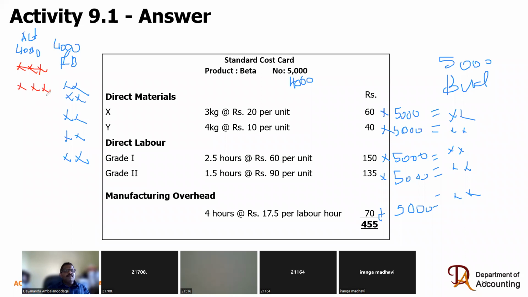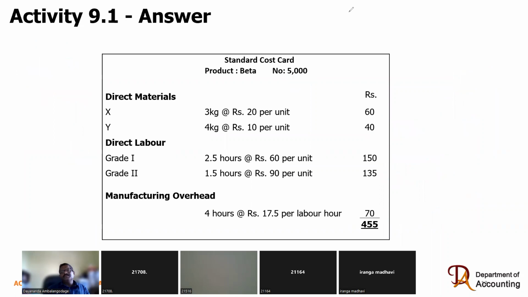So here maybe 1. Direct material 2 is very low. Likewise, now you can compare this actual with the budget. So you get the variance. That is the logic. So I hope that you got it, and you can understand what I'm telling.